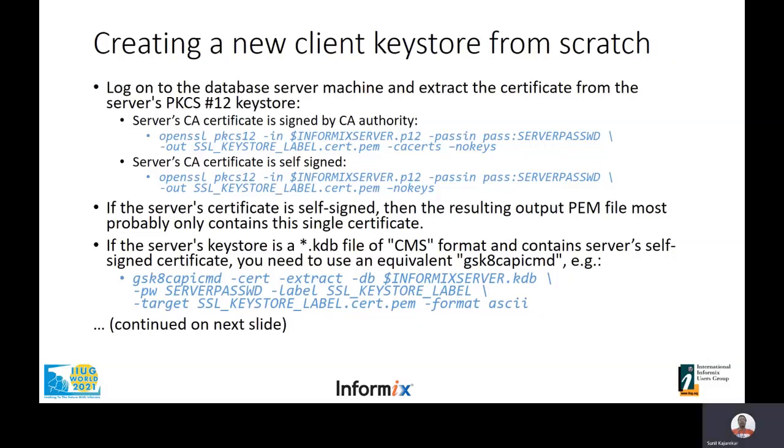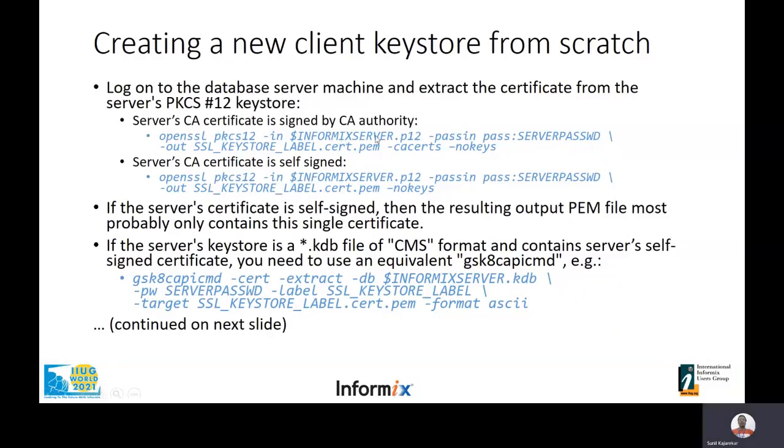What this particular command is going to do is look at the Informix server .p12 file, then provide its password. Then it will extract a certificate file from the key store, that is an unencrypted one.